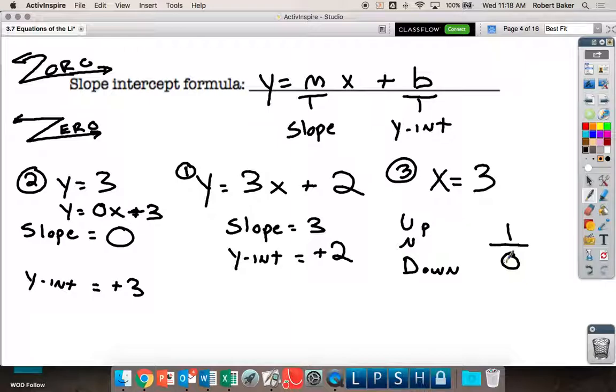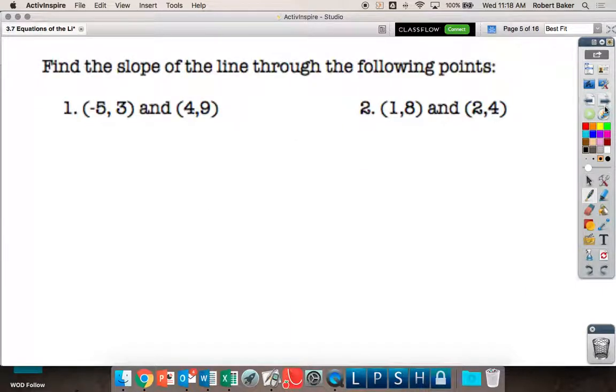Did you learn something new? Okay, so 0 goes left and right, horizontal lines, undefined goes up and down. You will have to do that in your near future. So here's where we're at today. Baby steps. Can you find the slope that connects those 2 points? Straight up, just find the slope.